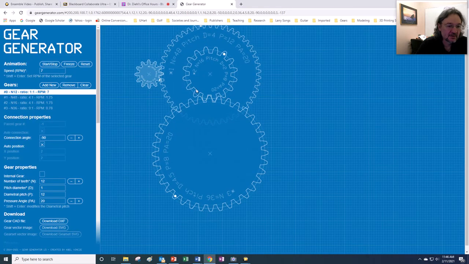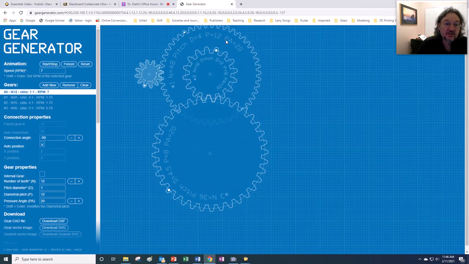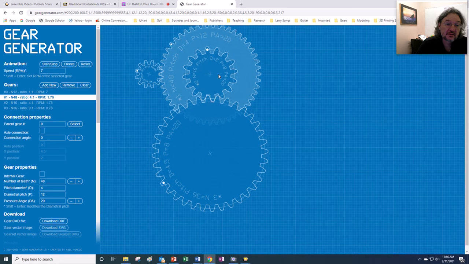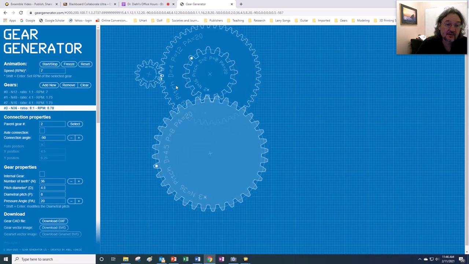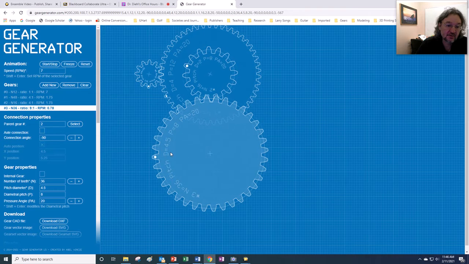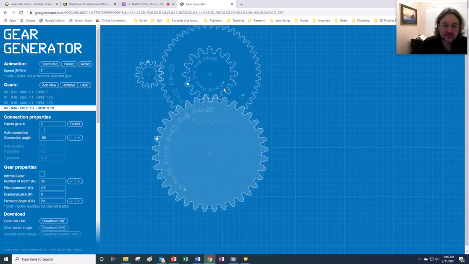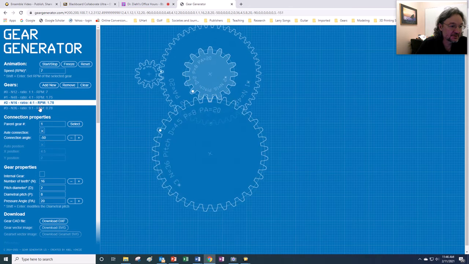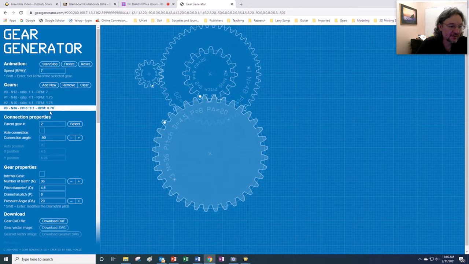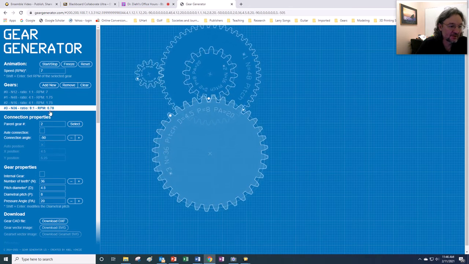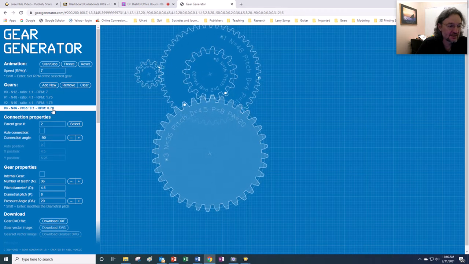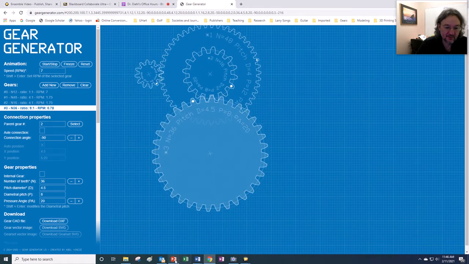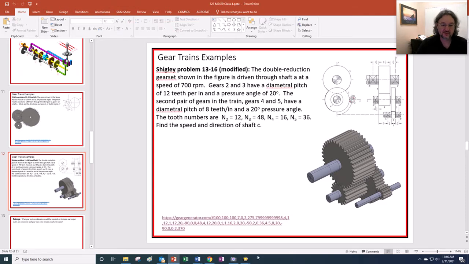So we have 12, 48 right here, and I think we have the right pitch, right? It gives a 12 pitch, and then this one has an 8 pitch. So there's the arrangement right there. It's kind of interesting to see the thing. And we're predicting probably an RPM output of 78 right here, I think. So that's the output that we can predict from using this clever little tool.